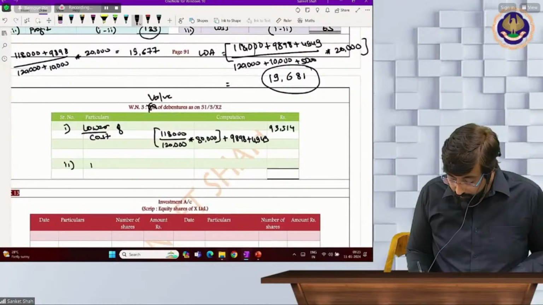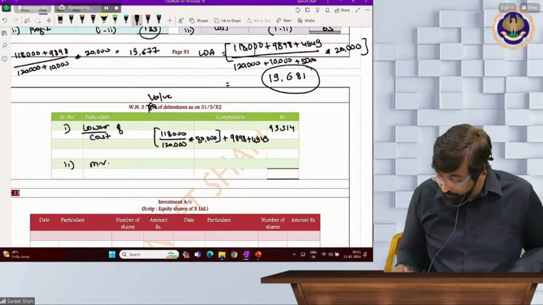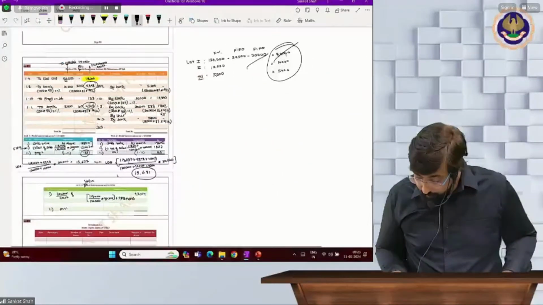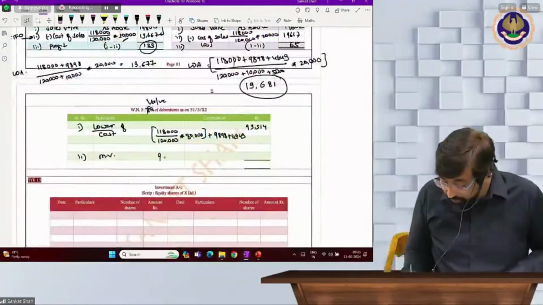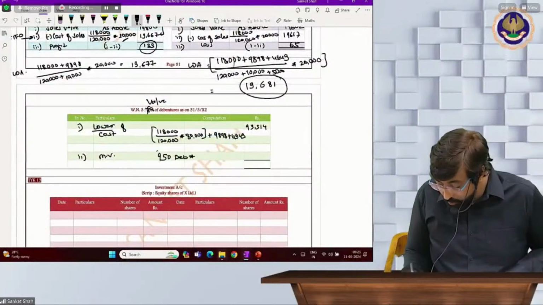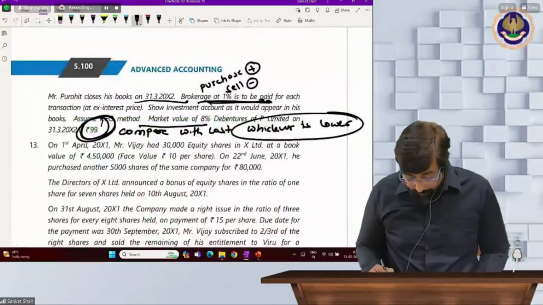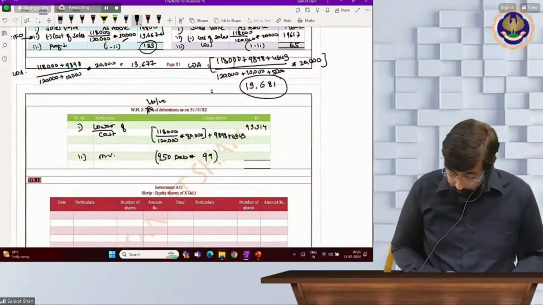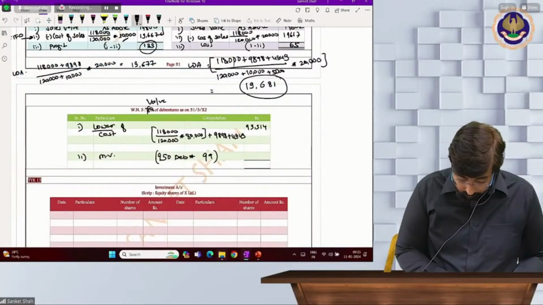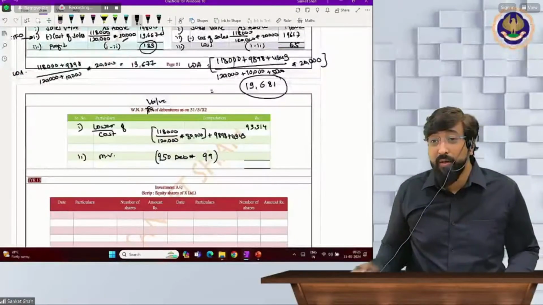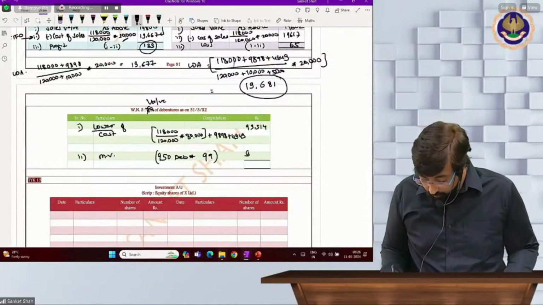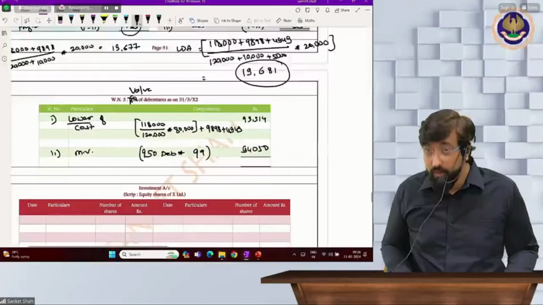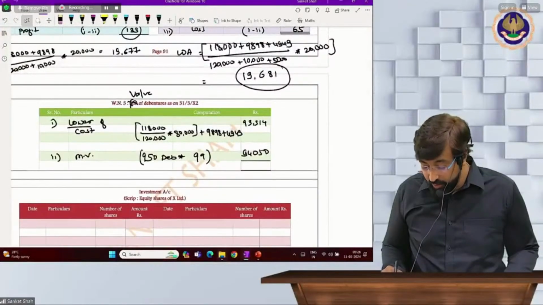Yes, sir. And what is the market value? I am left with 95,000, no? Yes. 95,000 means 950 debentures into what is my market value? 99. 94,050.